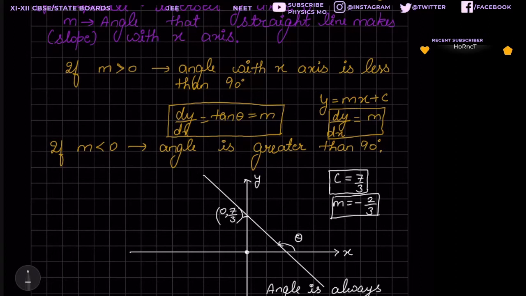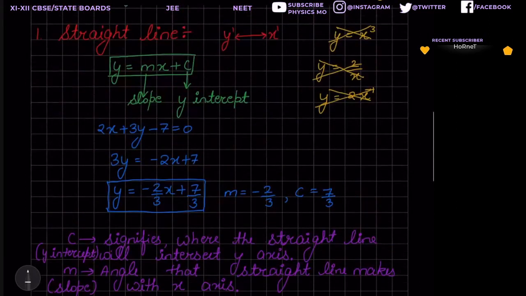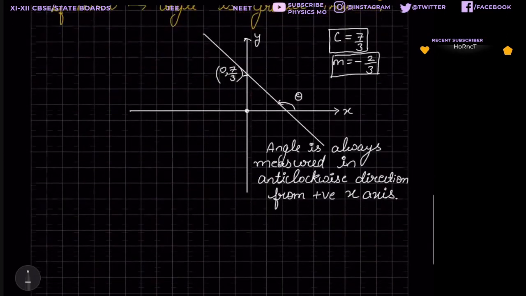Another point can be, just think that कि अपने पास जो इक्वेशन था, that was 2x plus 3y minus 7 is equals to 0. So let us write this equation here.